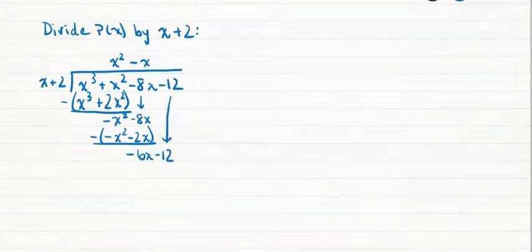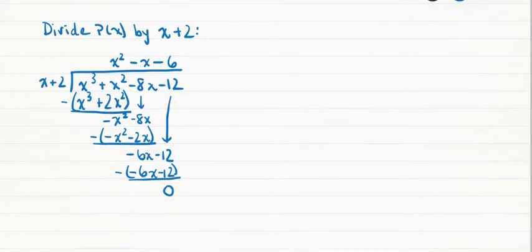X times what is -6x? Well, that's -6. -6 times x plus 2 is -6x minus 12. And when we subtract this, because x plus 2 is a factor of this cubic polynomial, we should get a remainder of 0.